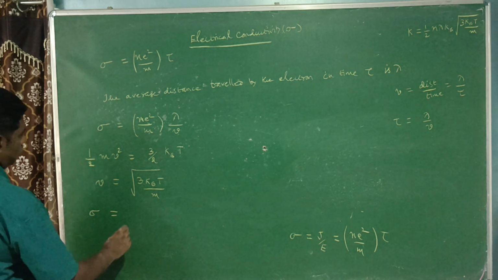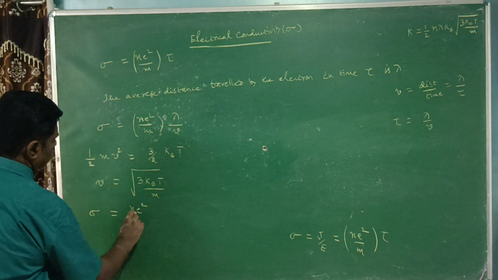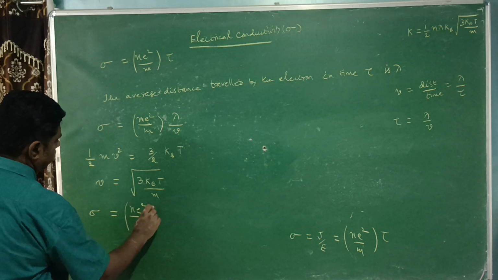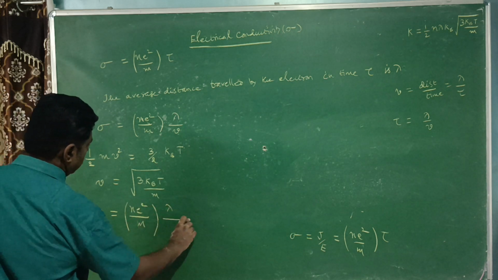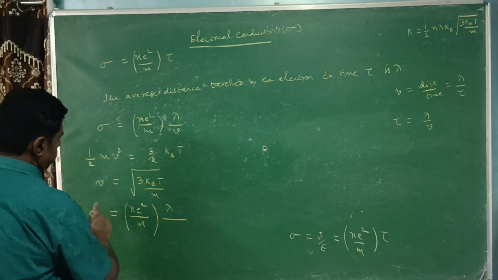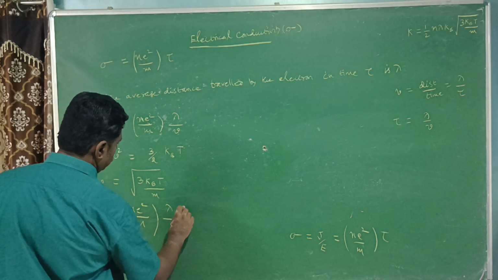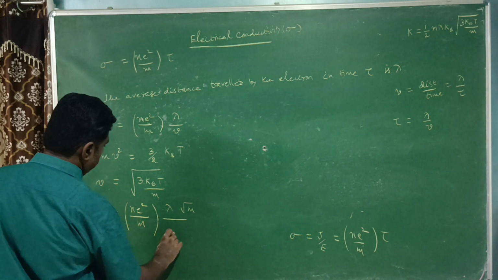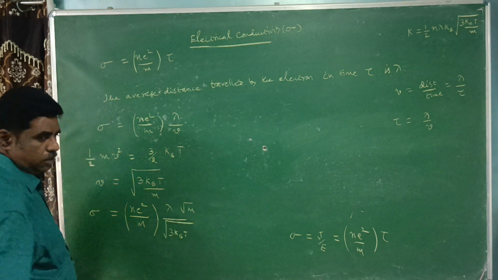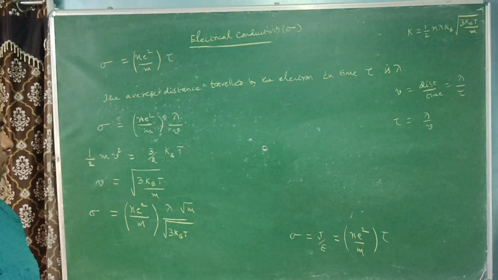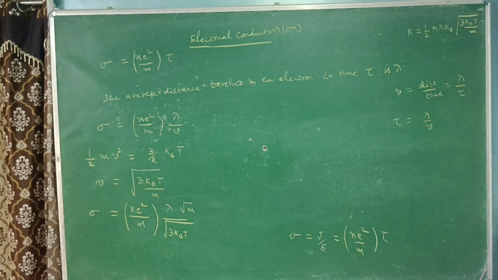Sigma, which is equal to n e square by m into lambda divided by this v. It is root of 3 k_B into T by m, inside the root. This is the value of sigma.